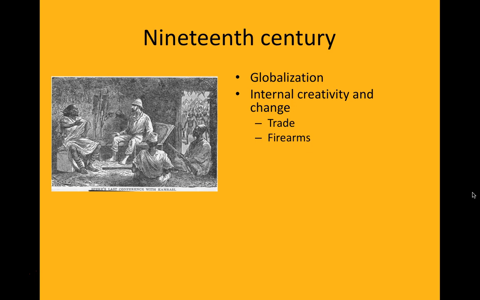There's also a lot of creativity when it comes to trade, that Africans were able to use their knowledge of the land, of course, to grow things that were in demand globally. They recognized the opportunities that would come from this. Some Africans grew fabulously wealthy by exploiting the trade in palm oil and other things, right?